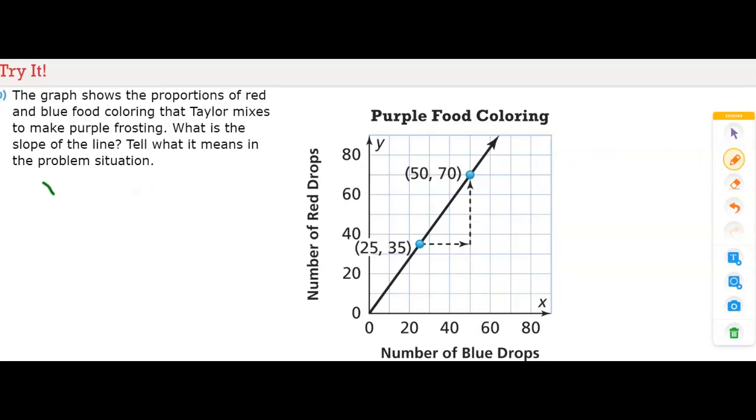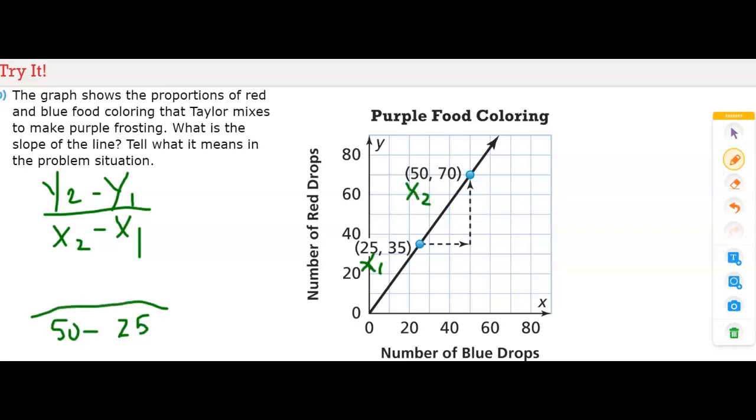So we have y2 minus y1 over x2 minus x1. So our x1 is 25. Our x2 is 50, so 50 minus 25. We have our y1 as 35 and our y2 as 70.